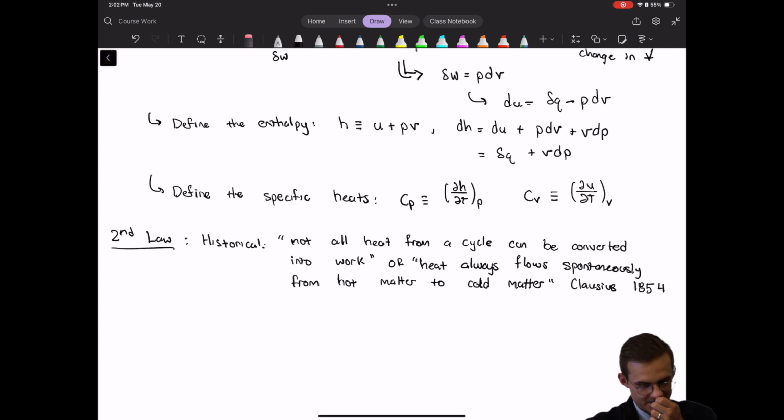Okay, so those two statements actually give rise to the concept of entropy. And so, if you just look at the first law in isolation, it's perfectly happy with heat flowing from cold things to hot objects, right? But the second law tells us that this doesn't happen.